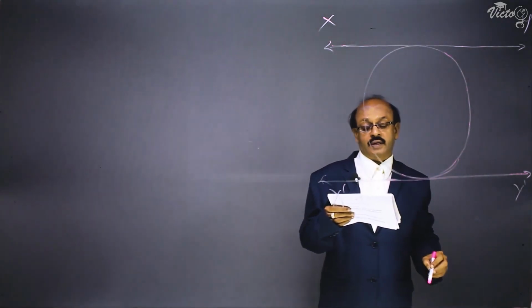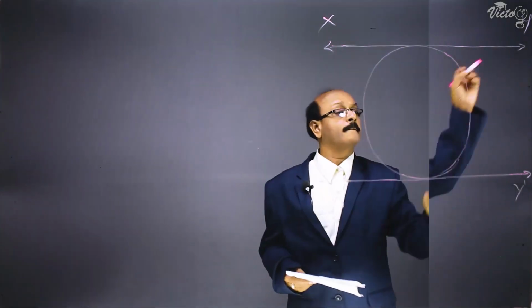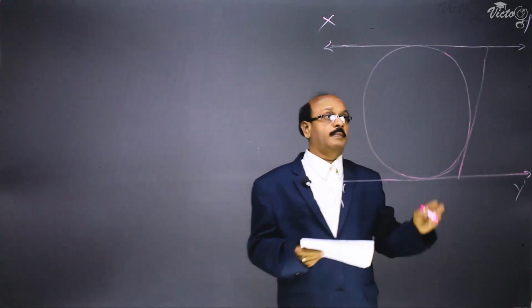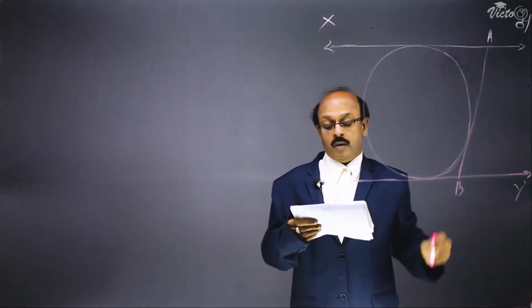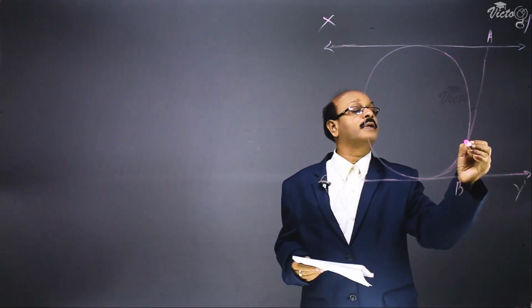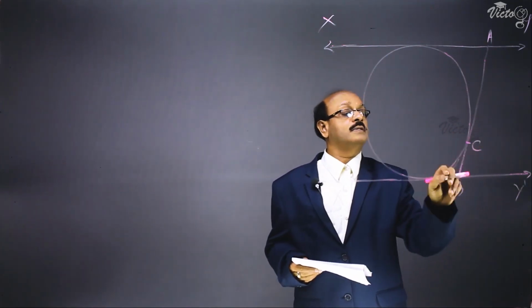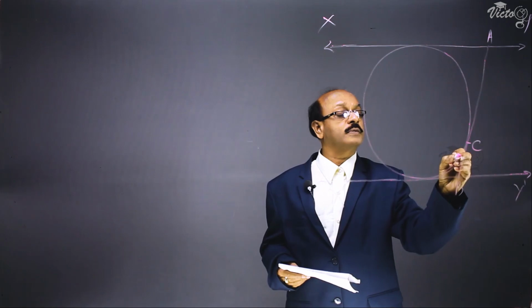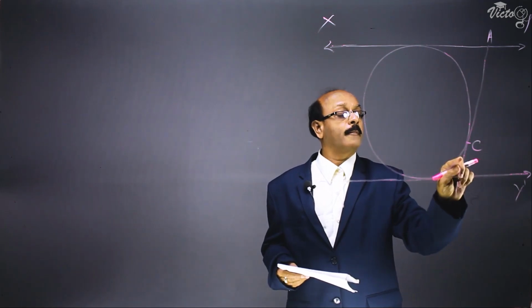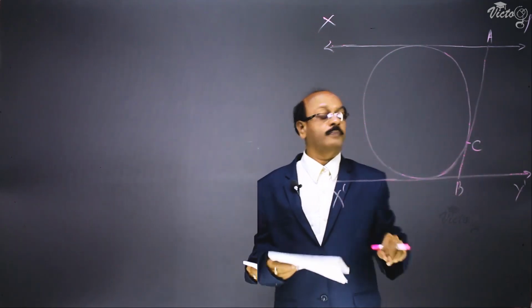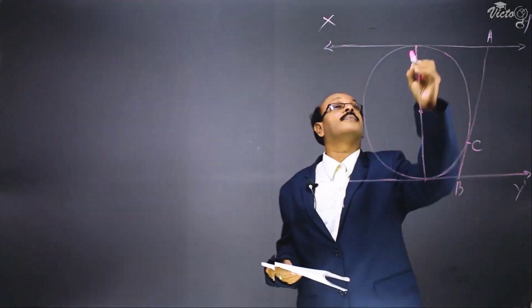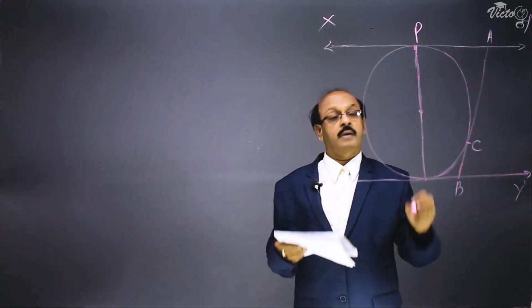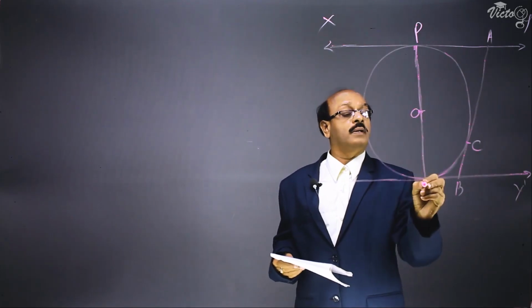Then there is another tangent AB, and the point of contact here is C. C is the point of contact. This is the diameter. POQ is the diameter. This is the point P, this is O and this is Q.